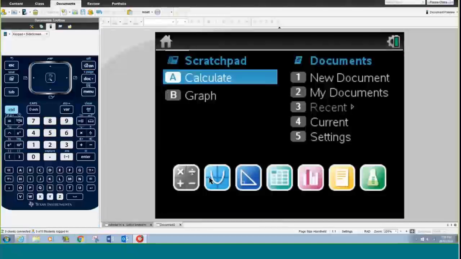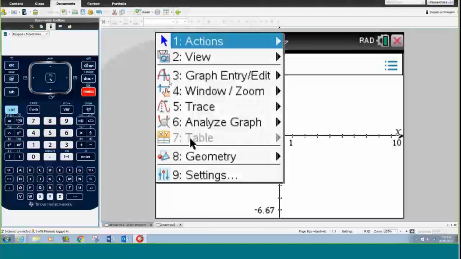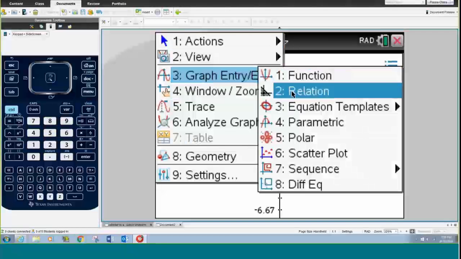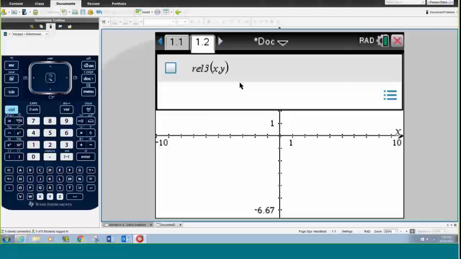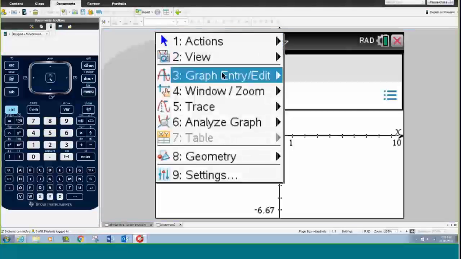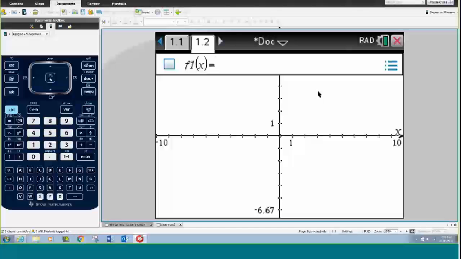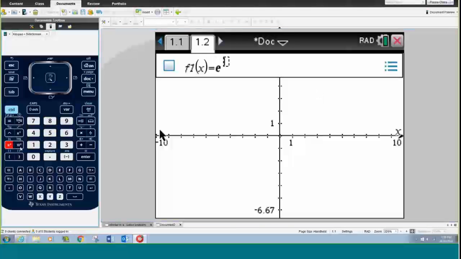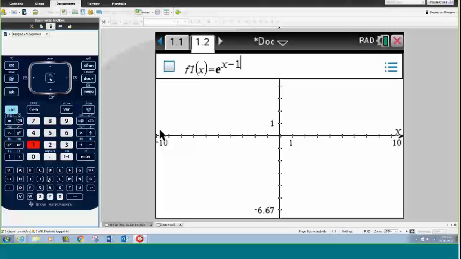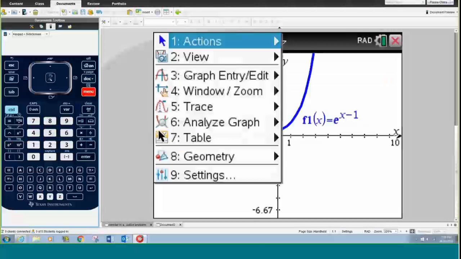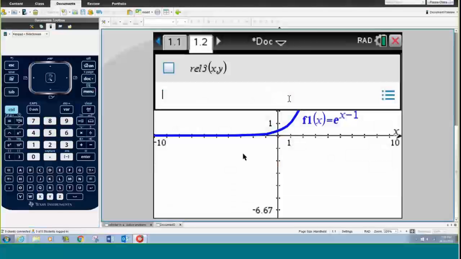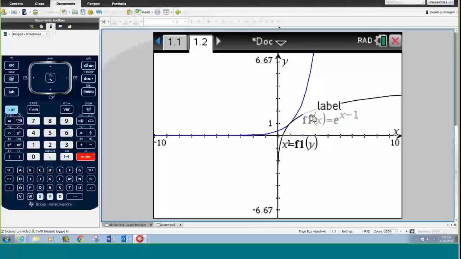What is possible for class activities if we are in this new entry, let's say I start with the normal function, so let's say I do the simple e to the x minus 1 graph, and now if I change Graph Entry to Relation, and now I say x equals f1(y), it will graph you the inverse function.